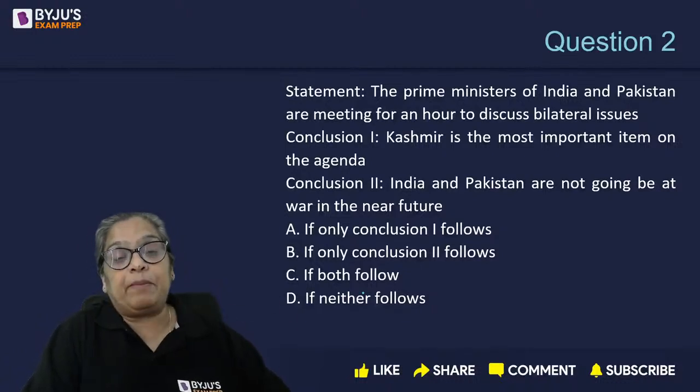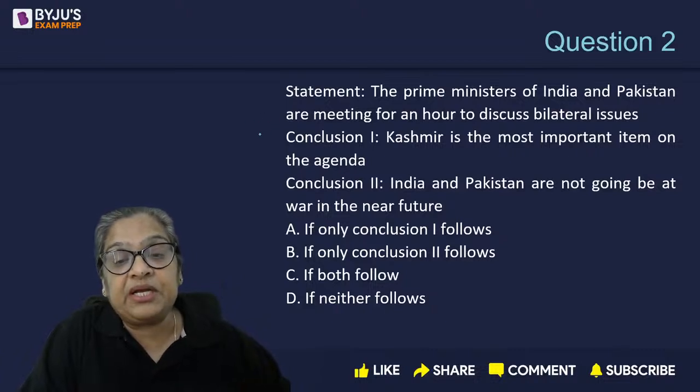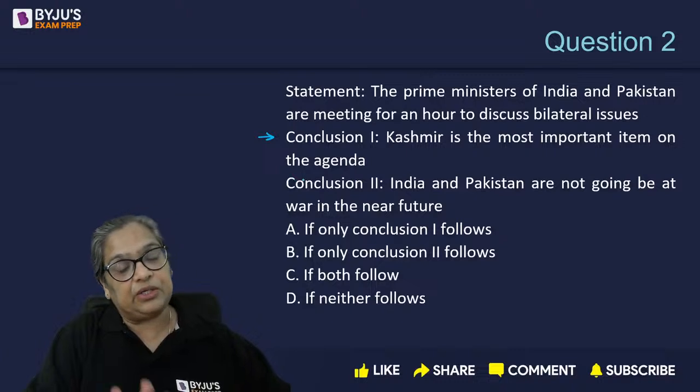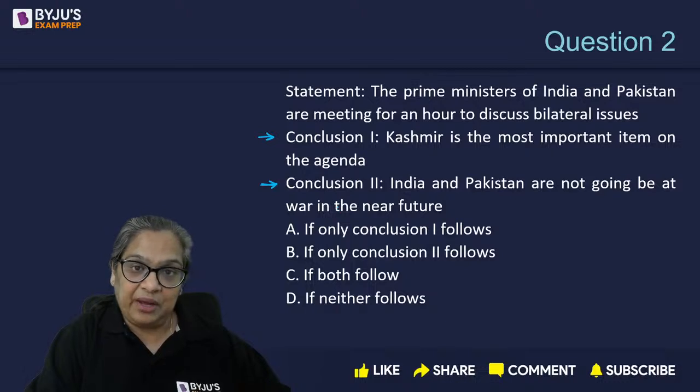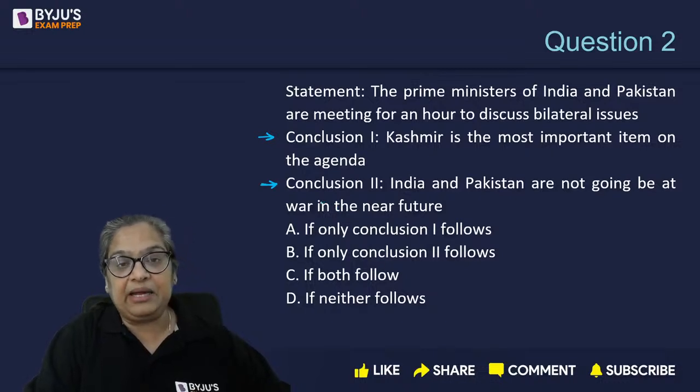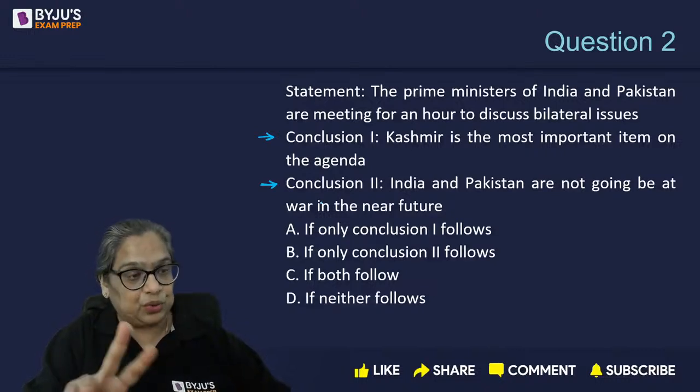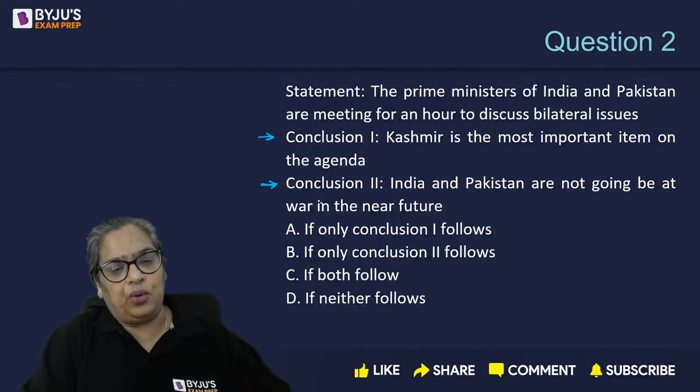Alright, conclusion number 1 says, Kashmir is the most important item on the agenda. Is this conclusion correct? Does it follow? Second, India and Pakistan are not going to be at war in the near future. Okay, both prime ministers are meeting for an hour and discussing bilateral issues, whatever there is between the two countries.